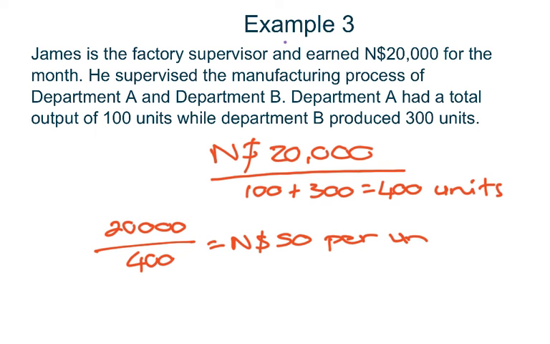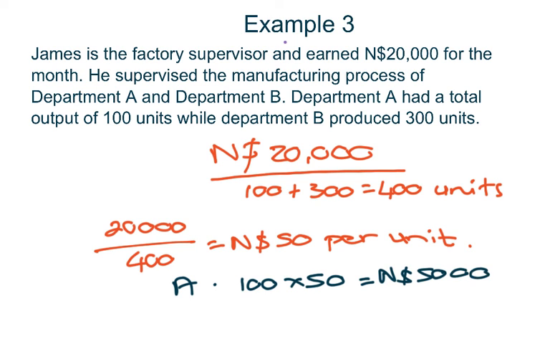So now I can say how much of this 20,000 salary will go to Department A and how much will go to Department B. So Department A had 100 units, so it's 100 times 50, and that equals 5,000.